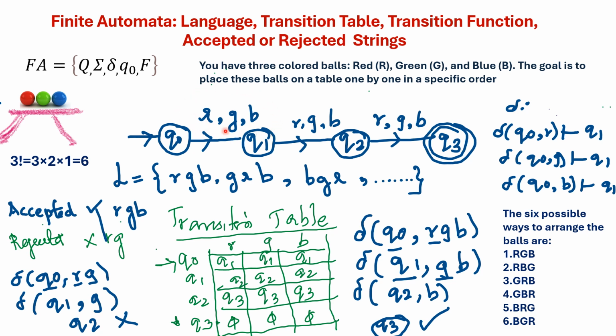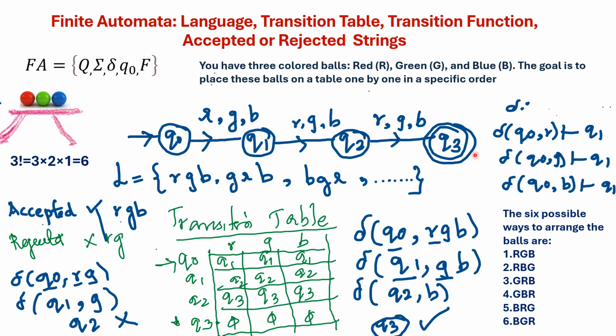Suppose you give 3 inputs, at a time it will take only 1 input. All processing machines, as far as finite automata are concerned, process only 1 input at a time. Like that we have to draw the machine. Always ensure what the initial state is, what the final state is, and what the possible inputs are. Then we can represent it based upon this question.